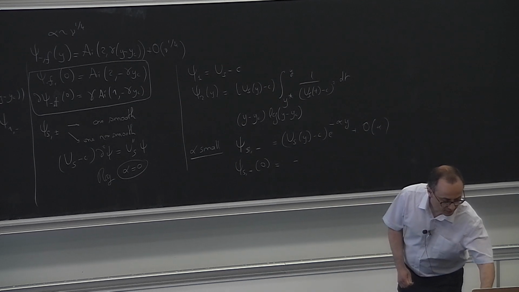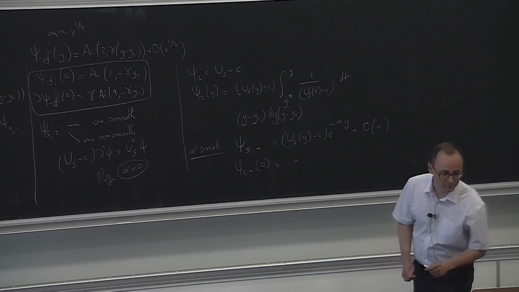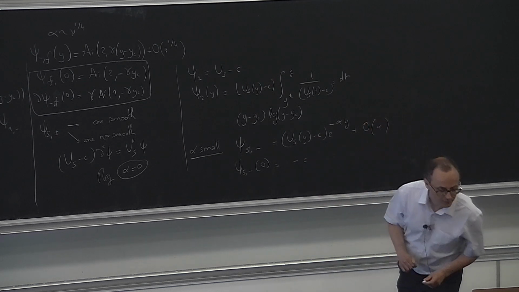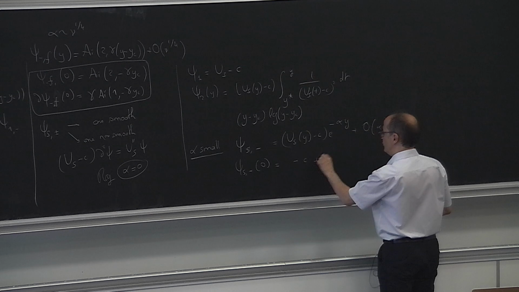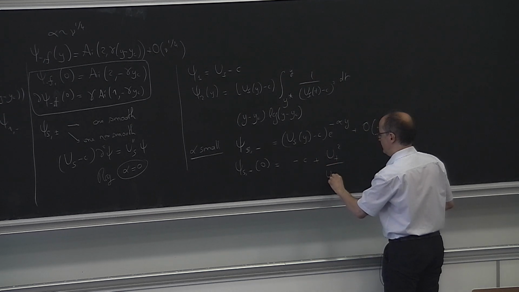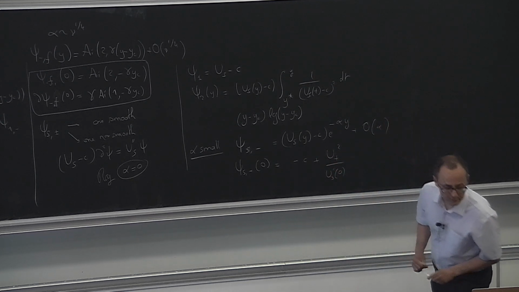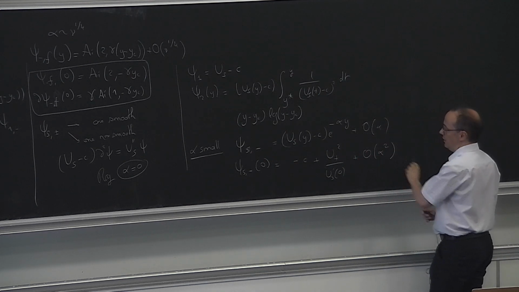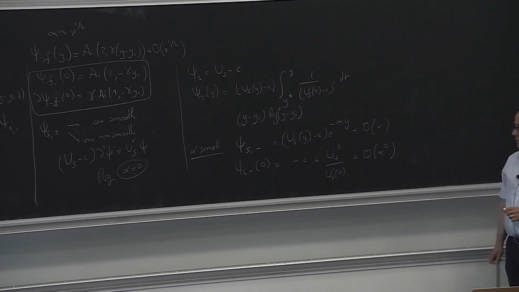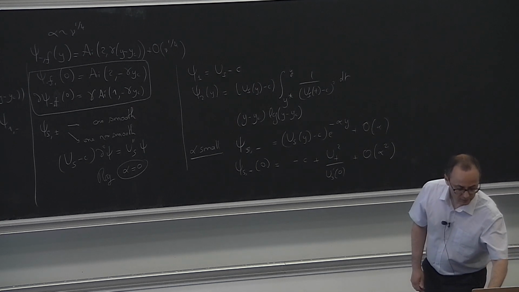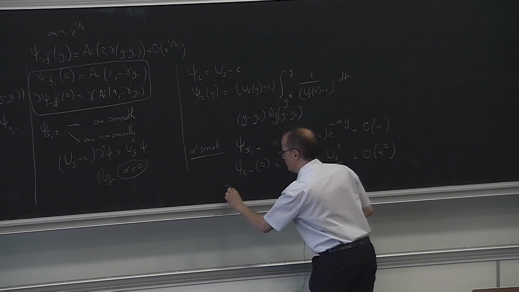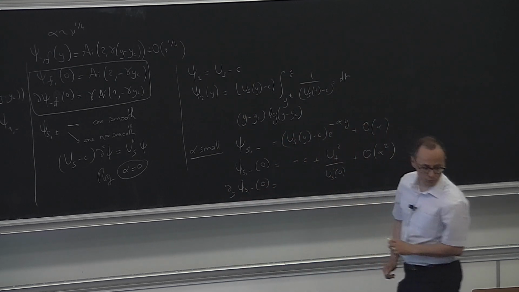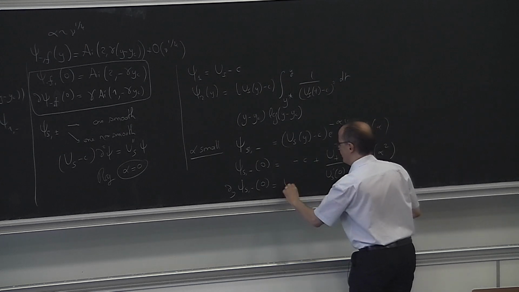Well, it's not exactly minus c, because then you have other things to add. You have to take care of the next term. So it's c plus U_s squared divided by U_s prime at 0, plus something which is alpha squared. You find this in physics books, they made the computation. It's a long computation, and you have d_y of psi_s minus at 0 equal to U_s prime at 0.